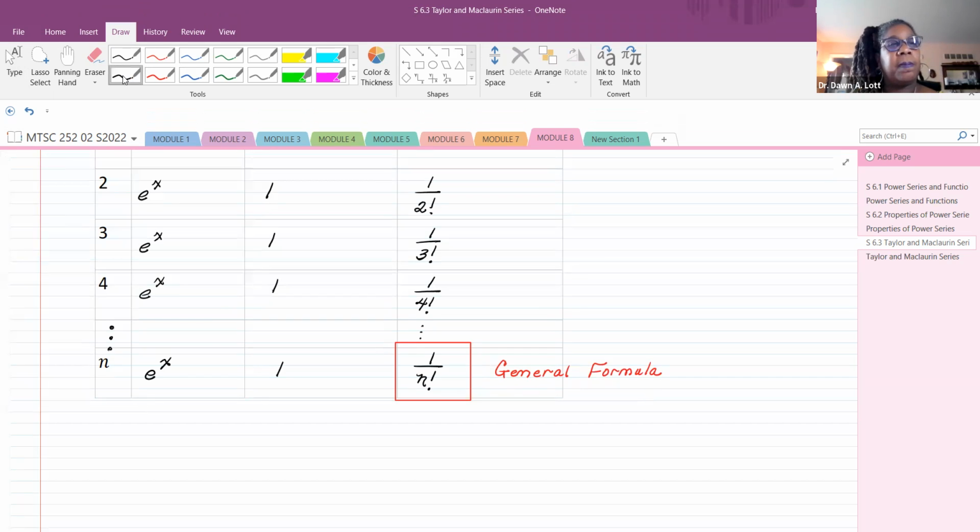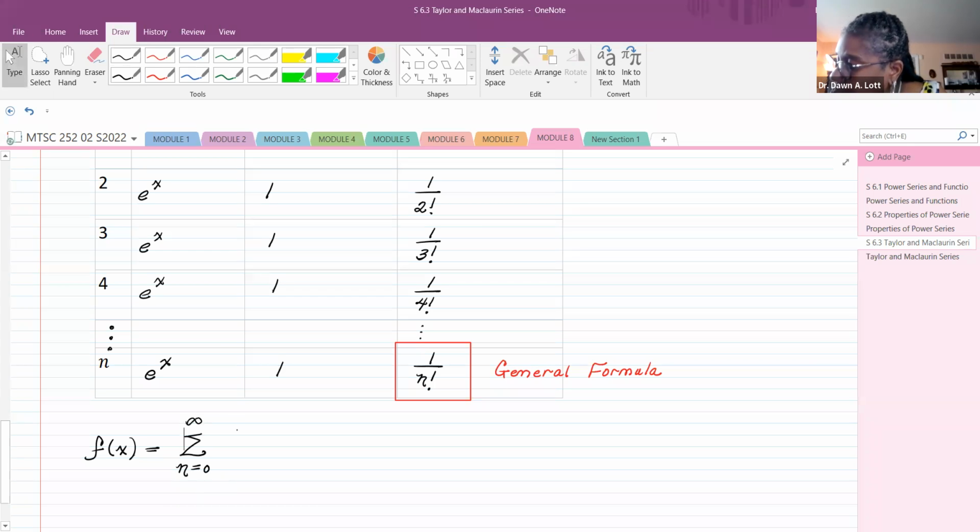All right, so what did we have? We said we had f of x is the sum n equals 0 to infinity of the nth derivative at a times x minus a to the n, and that is over n factorial.